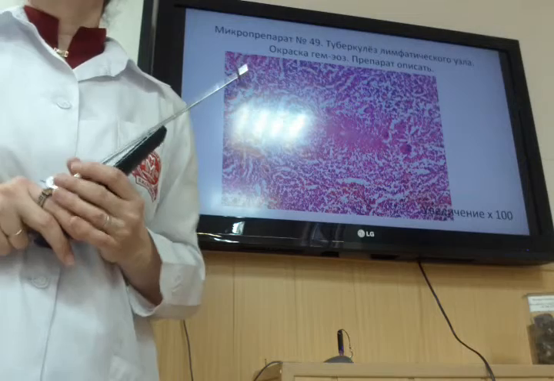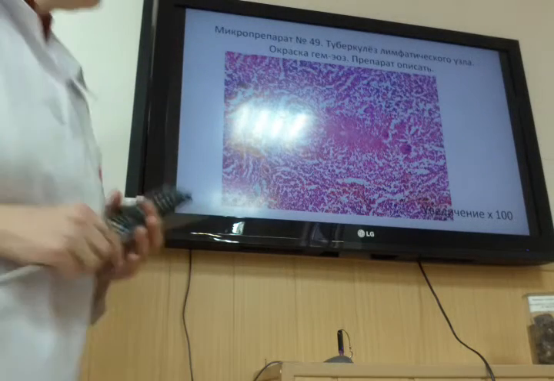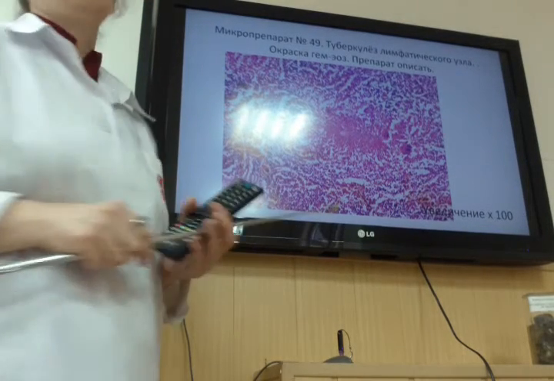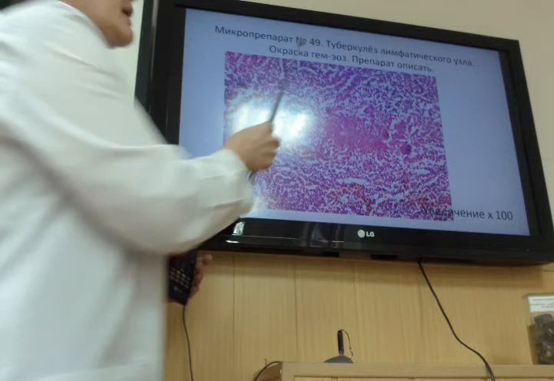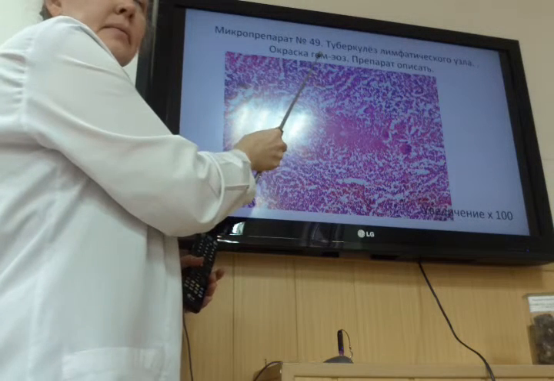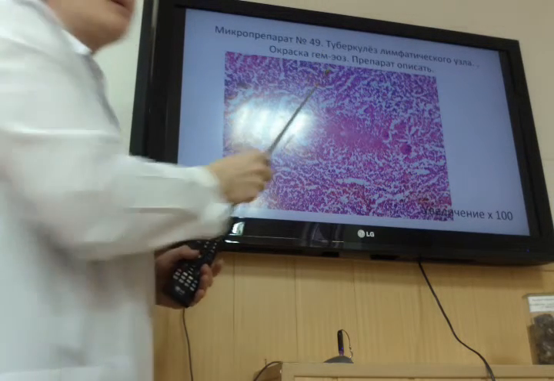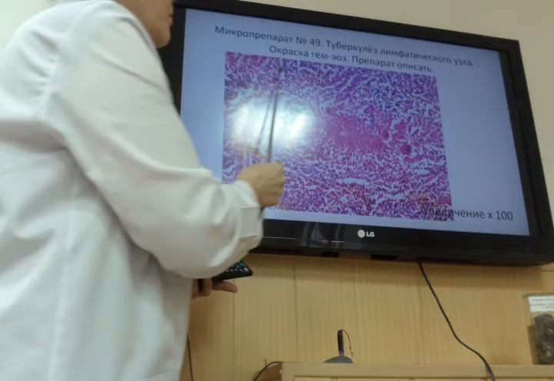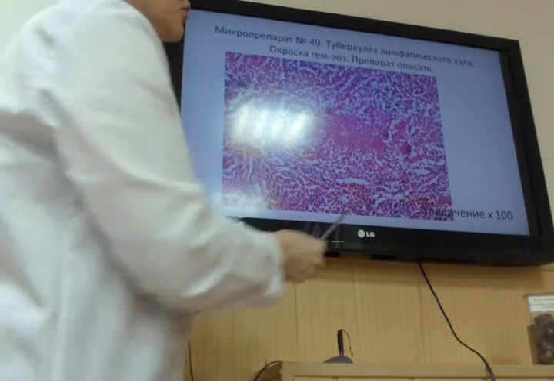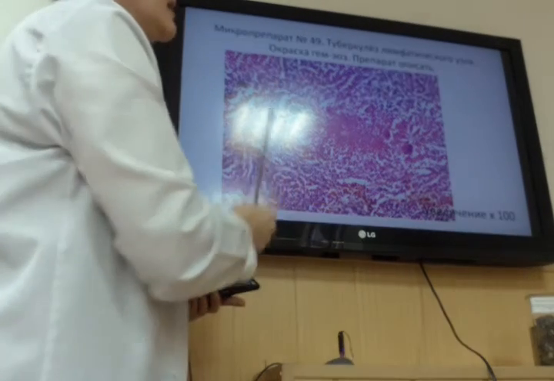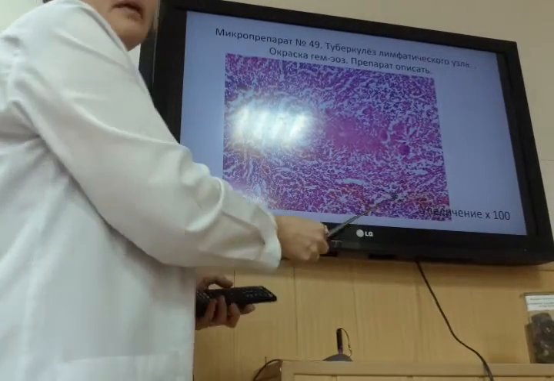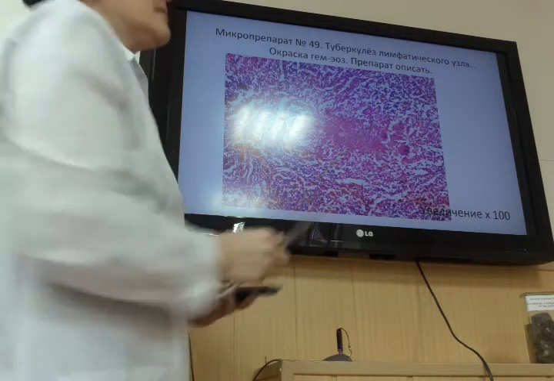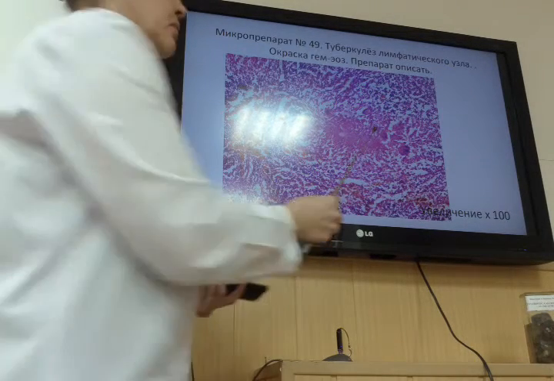Within regional lymph nodes, we can see a formed tuberculous granuloma. Slide number 49. Within lymphoid tissue, we can see caseating epithelioid granulomas. This is a marker of tuberculosis.